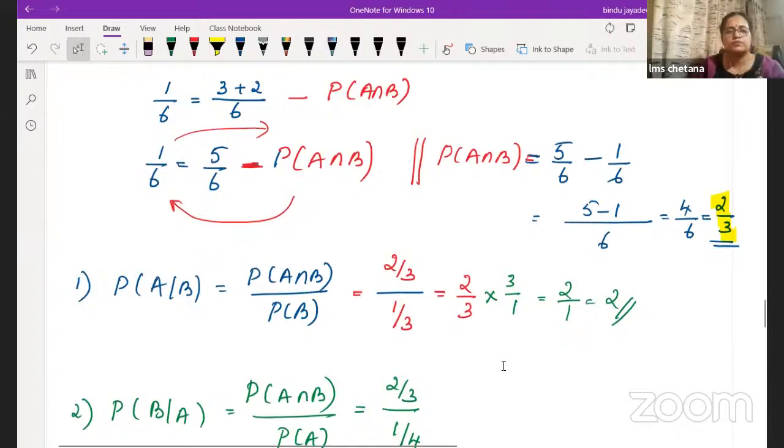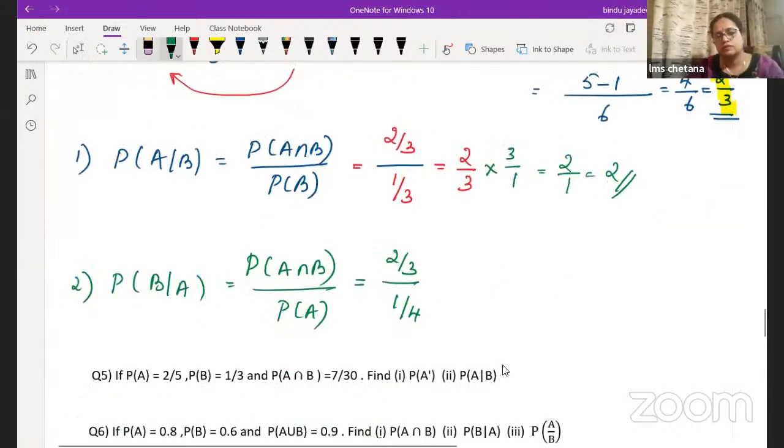Sorry, 1 upon 2. That is 2 upon 3 into 2 upon 1. That is 4 upon 3.